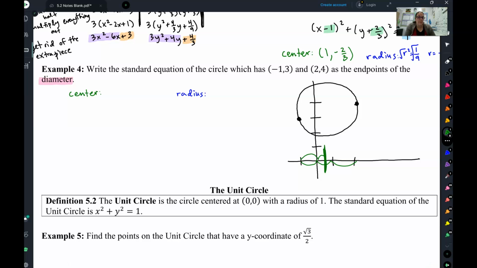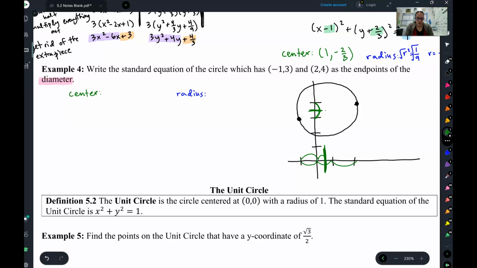Now I can do the same thing for the y values. Notice that my y values go from 3 to 4. So there's my y value, there's my y value, and I want those y values to be perfectly cut in half. Right now they're 1 space apart. I'm going to cut that in half and do half between those 2 spaces.